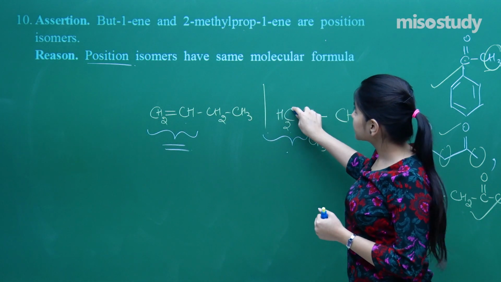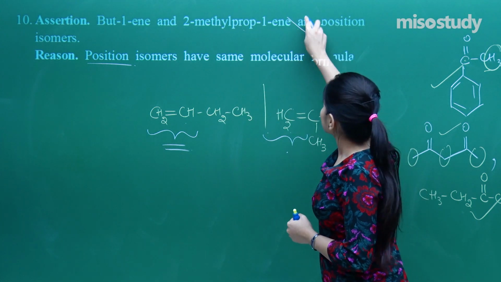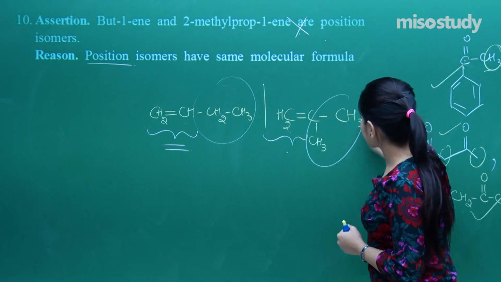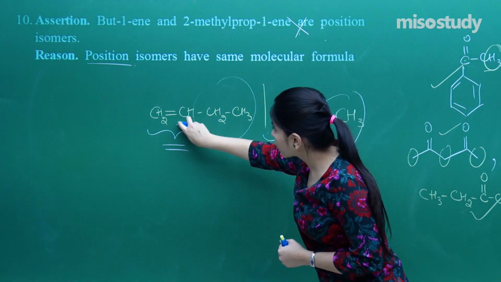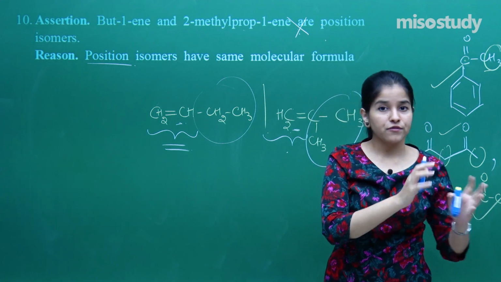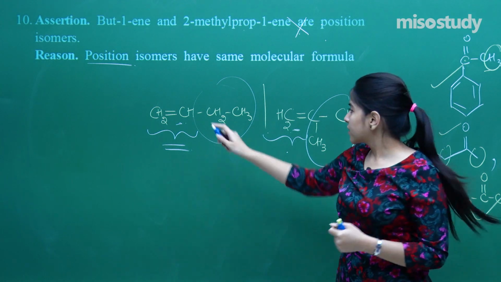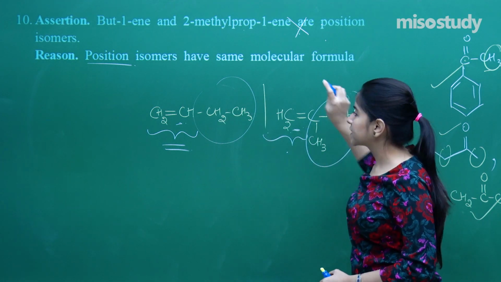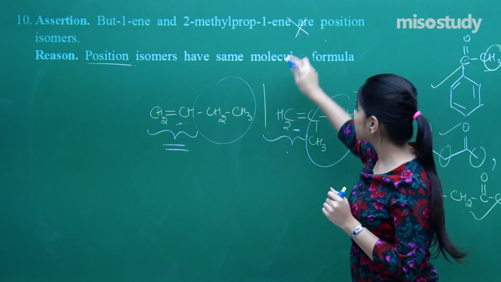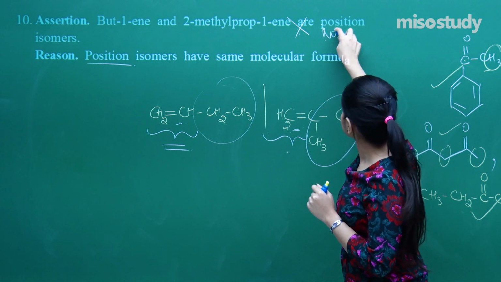That means making the assertion that has been given, these are not position isomers because the remaining carbon chain has been changed, but the position of the double bond is same. What does position isomer say? The position of the functional groups present or the double or the triple bonds must be changing. So here the position is same, but the chains are changing. So I hope you have got the answer here. Statement 1, that is the assertion here, is not true.